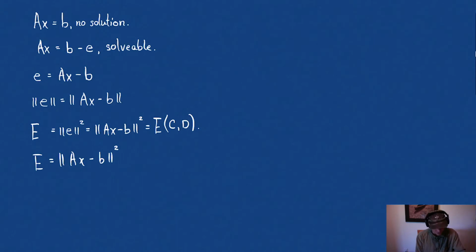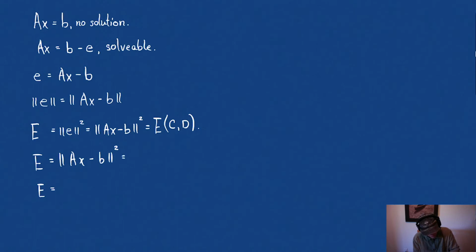Let's think about this. Let's see if we can find the error for our problem. Let's try this. So the error in our problem, well, remember what the length of this squared is.